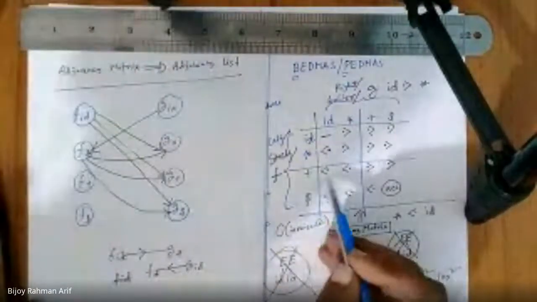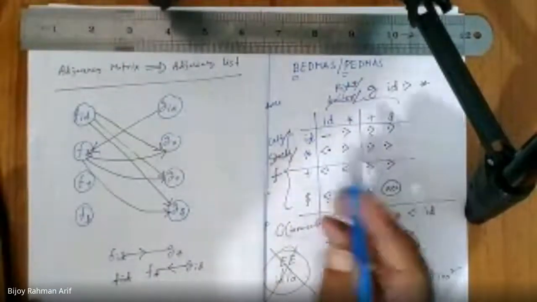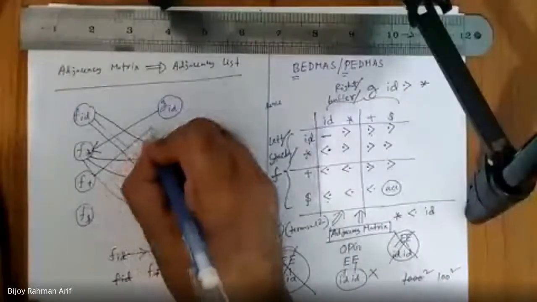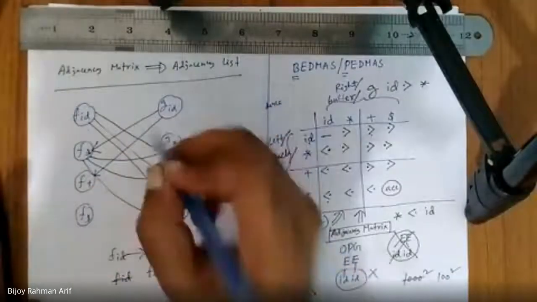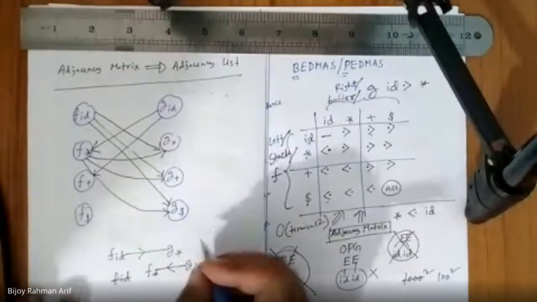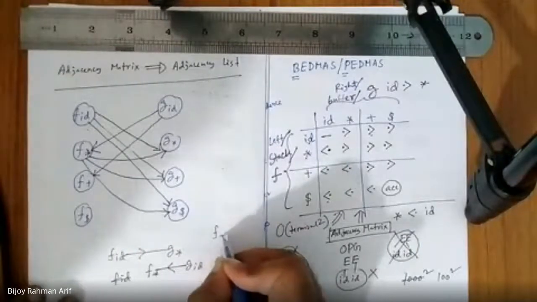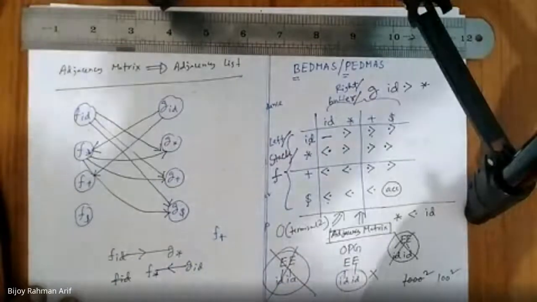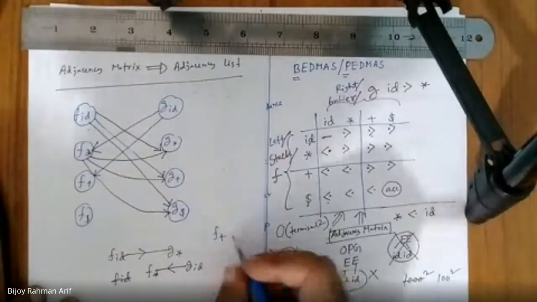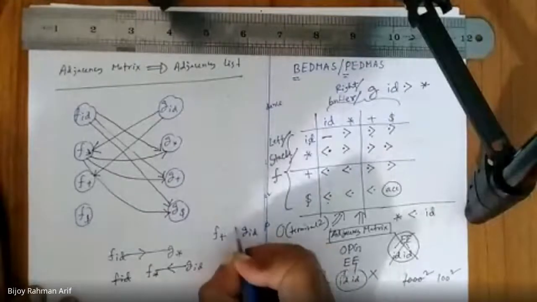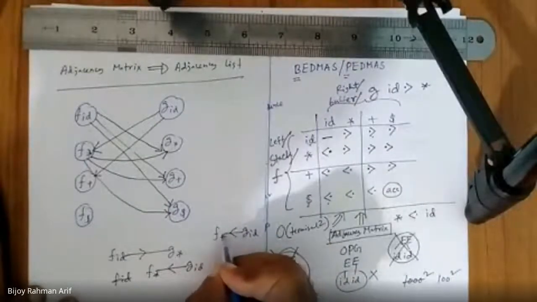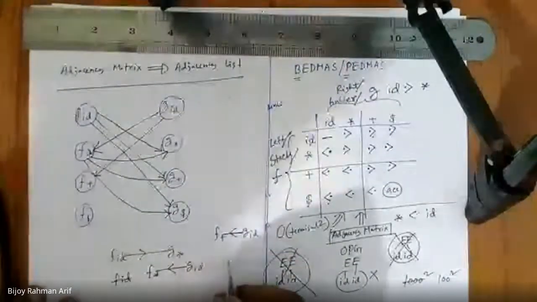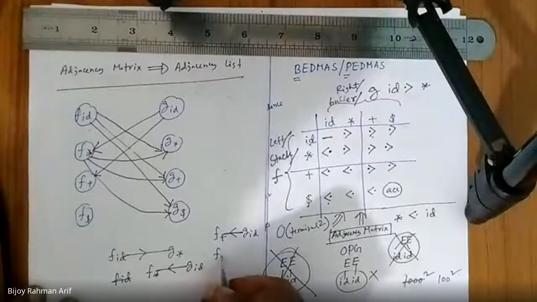Now let's go to the next one. F plus and G ID. Which one is bigger? So remember, so simple. G ID is bigger. Then the arrow would be like this. And F plus and G plus.